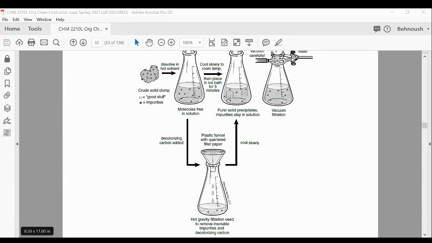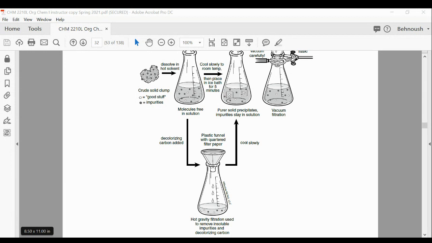So if our crystals form here, the stem of the funnel, you see this funnel is like a stemless? Yes, you're right, Tarek. If the crystals form inside the stem, they clog the funnel also. But we use the stemless funnel here. It's a good observation.